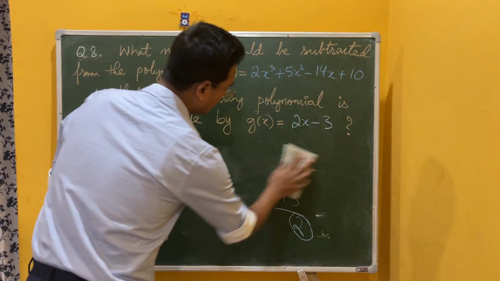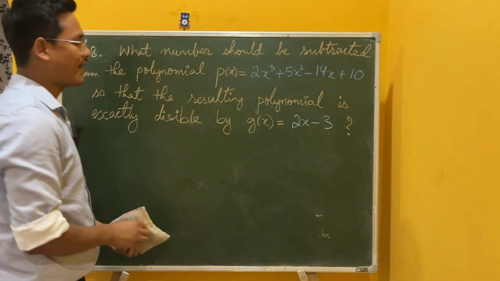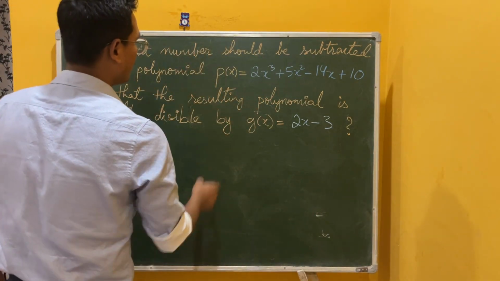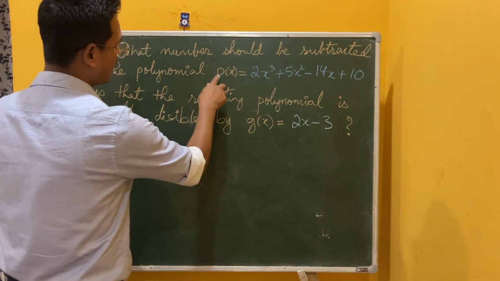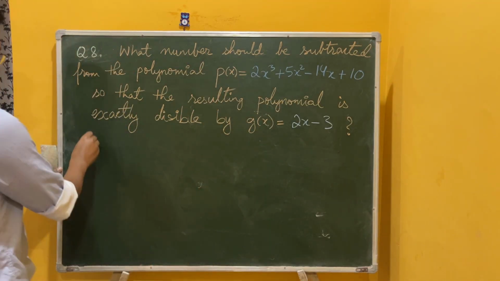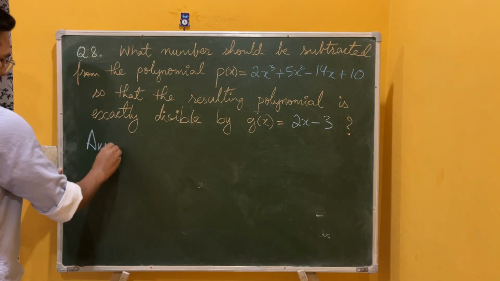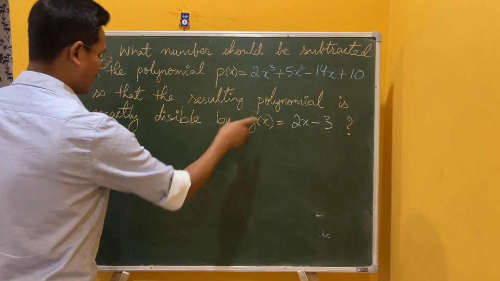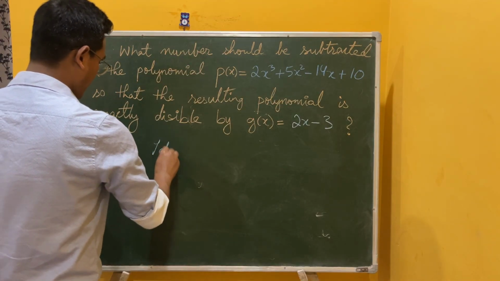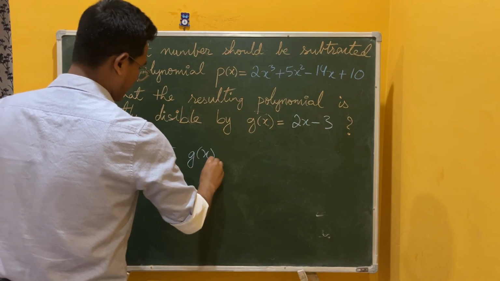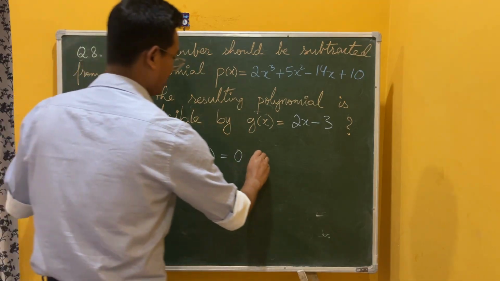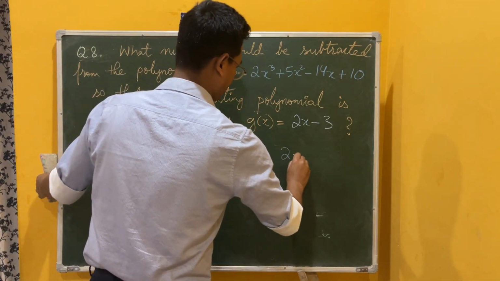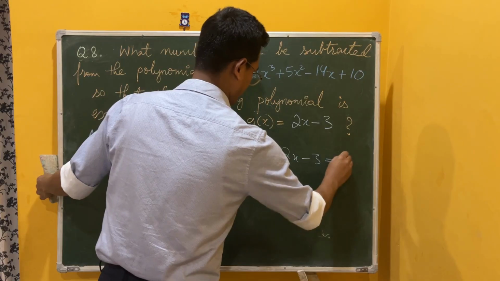So here also we'll find the remainder when we divide the polynomial p(x) by g(x), and see how much it comes. So let g(x) equal 0.